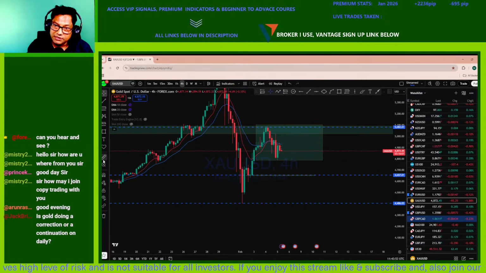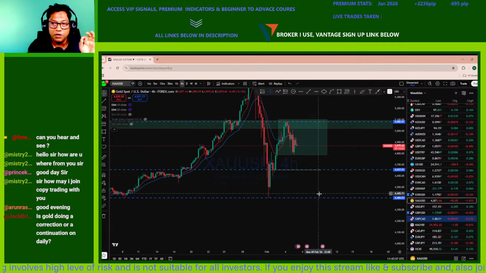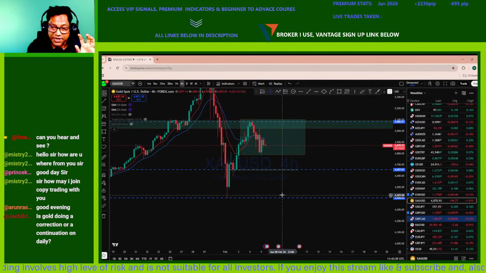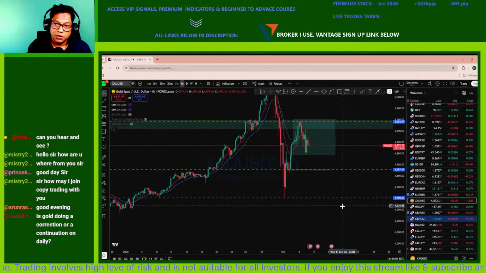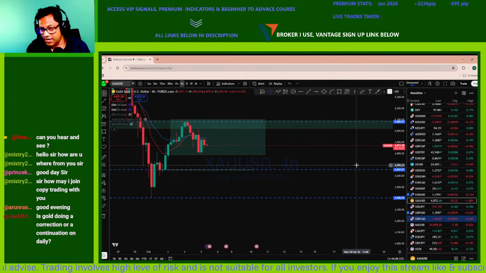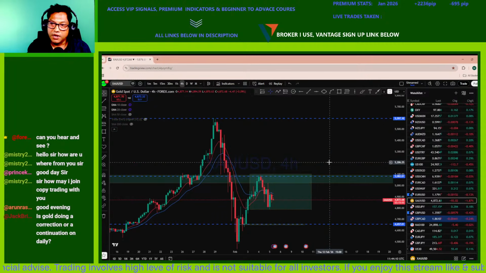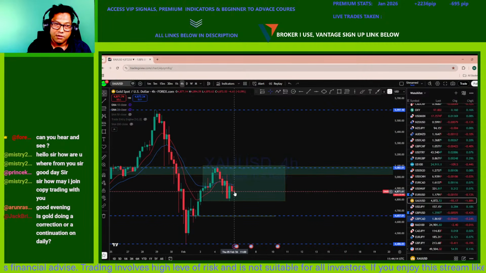In that case, there is a higher chance for it at least to come back here from a double bottom, or potentially trend further downside or move sideways. But it is less likely at the moment, not impossible.